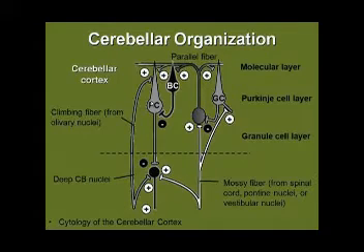Because Purkinje cells, as indicated here, are the only neuron whose axon leaves the cerebellar cortex. And once it leaves the cerebellar cortex, the Purkinje cell axon synapses on deep cerebellar nuclei that are situated down in what we call the medulla of the cerebellum. So here's the differences. Both sources of excitatory input, climbing fibers and mossy fibers, are excitatory.